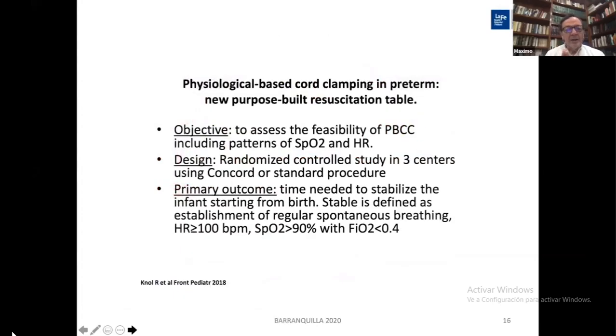There is physiological based cord clamping in preterm infants, and this is something that the Australian physiologists have developed, especially the group of Stuart Hooper.